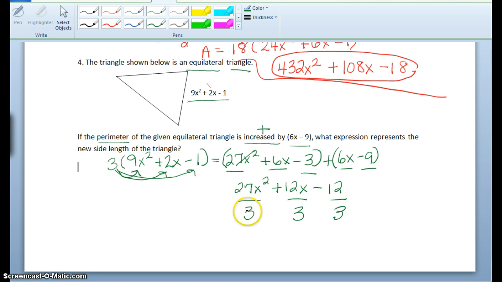So 27 divided by 3 is 9, so we have 9x squared. 12 divided by 3 is 4, so we have 4x. Negative 12 divided by 3 is negative 4. So all three sides of this triangle are going to have a measure of 9x squared plus 4x minus 4.